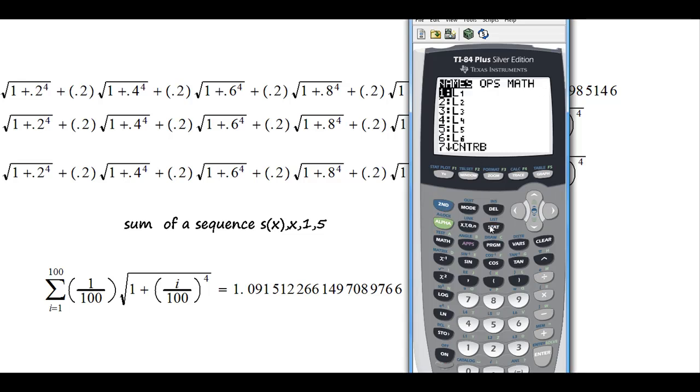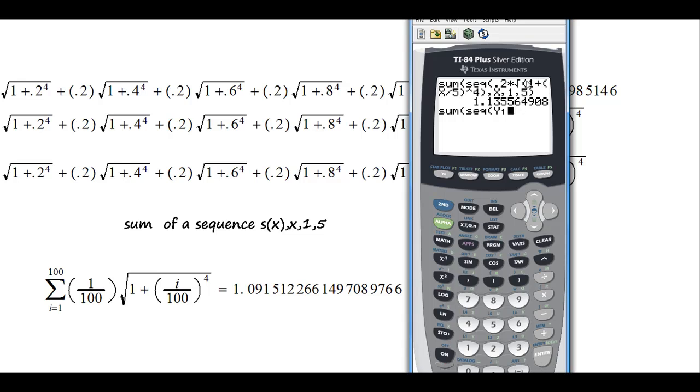So here we go to list, math. Then we are going to go to sum. Okay, there we go. Sequence. Now what do we need? We need a y variable, and that we entered as Y1.